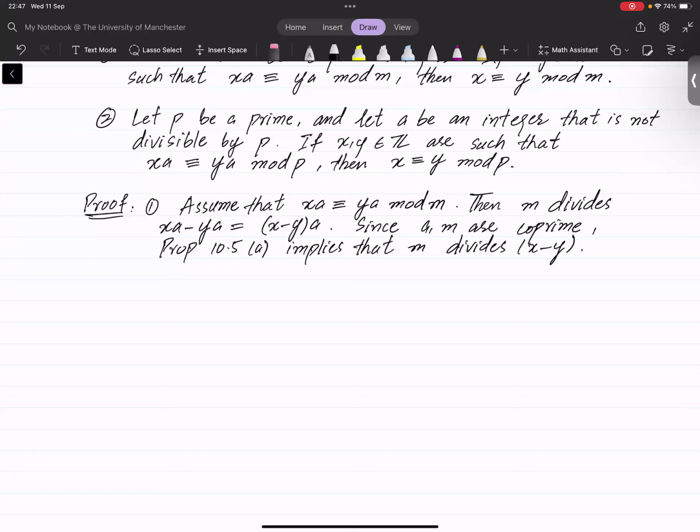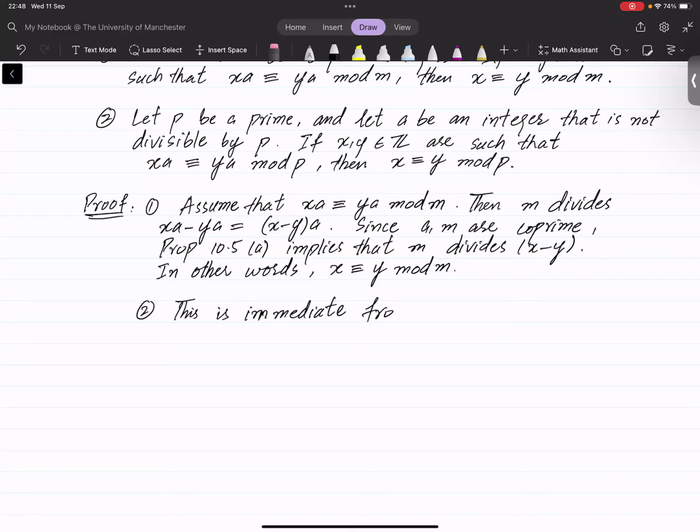Or in other words, x is congruent to y mod m. Okay. Number 2. This is immediate from part 1.